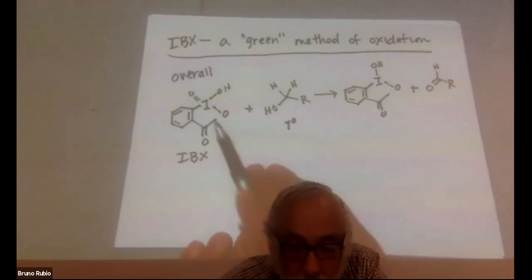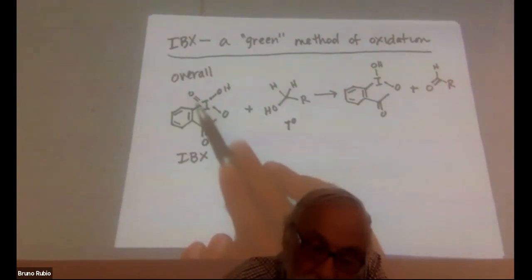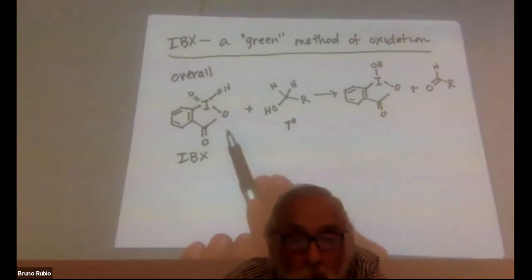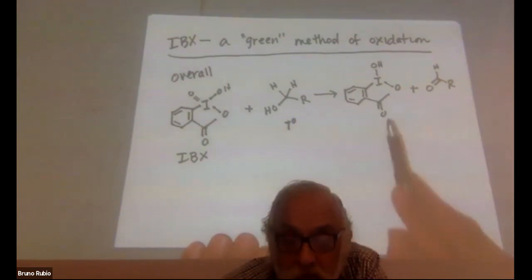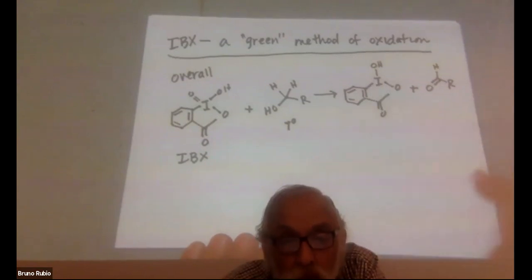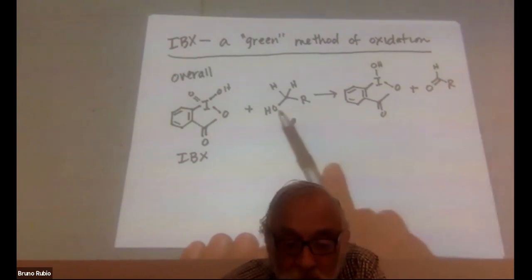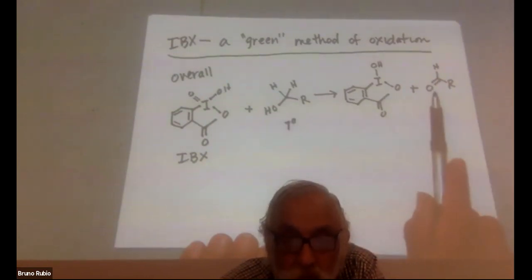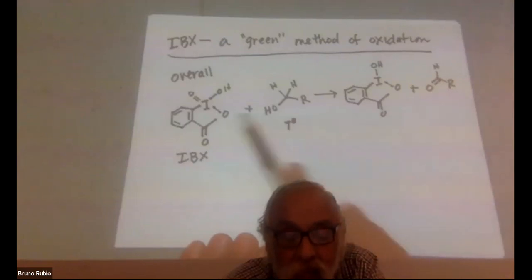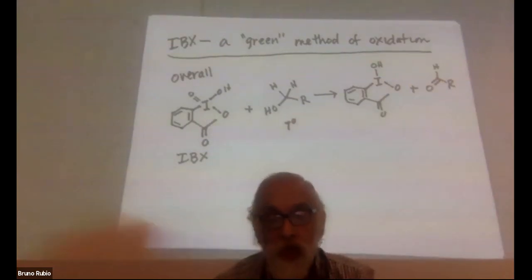So notice this iodine starts life with 1, 2, 3, 4 bonds to oxygen. At the end of the reaction, it only has 2 bonds to oxygen. And we said last time that this is one of the hallmarks of reduction, a decrease in the number of bonds to oxygen. So the alcohol got oxidized. That carbon atom starts life with 1 bond to oxygen. Now it has 2. The alcohol got oxidized, but the IBX got reduced.